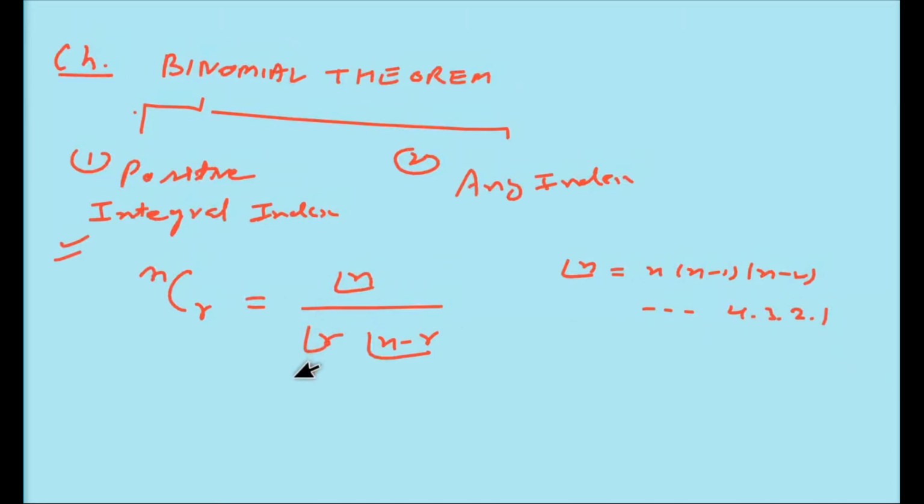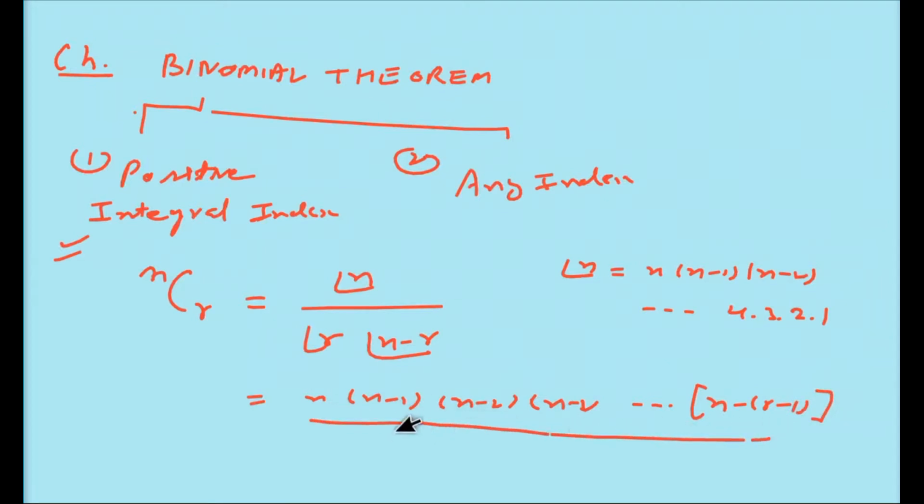And using this formula, what will be required? The formula is n, n minus 1, n minus 2, n minus 3, and if it is r, up to n minus r plus 1, upon factorial r.